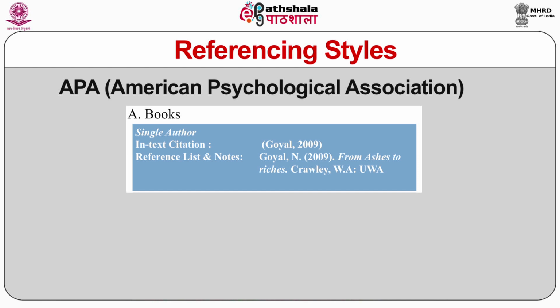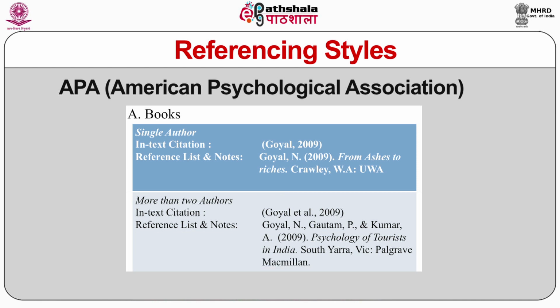In case there are more than 2 authors, the in-text citation will be Goyal et al., comma 2009, and at the end of the document it will be Goyal, comma N dot, the second author Gautam, comma P dot, and the third author Kumar, comma A dot, within brackets the year, that is 2009, then the title Psychology of Tourists in India, then South Yarra, and published by Palgrave Macmillan.